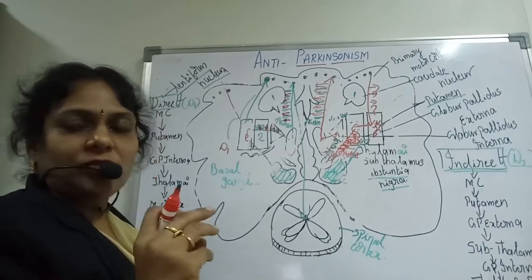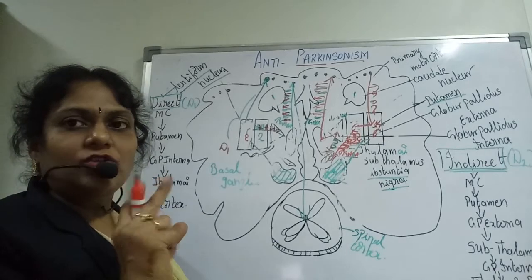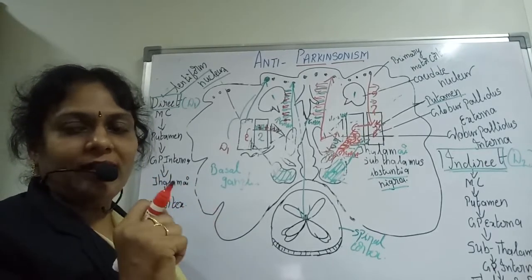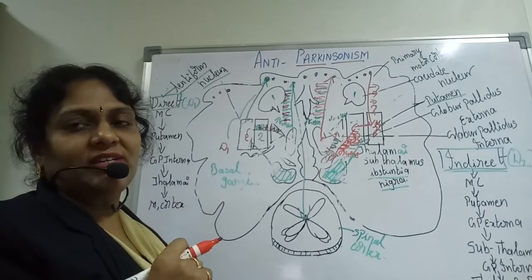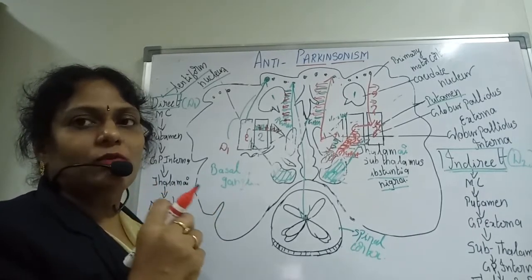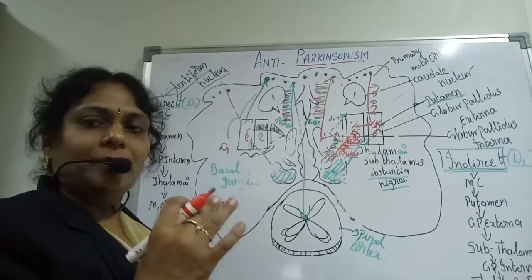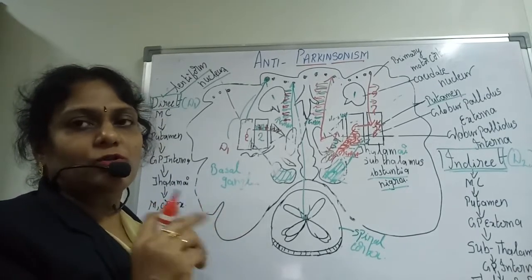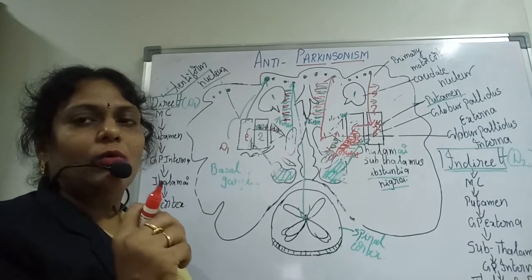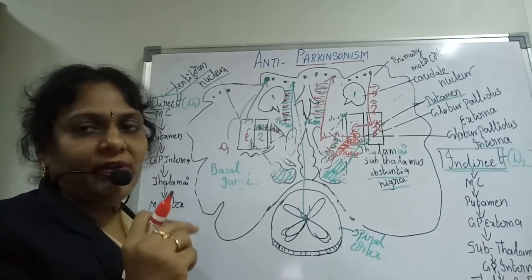So Parkinsonism can be treated with two types of drugs. One is anticholinergics, to decrease your cholinergic activity, and two is to increase your dopamine. That means the synthesis of dopamine can be increased, or the metabolism can be decreased by two enzymes, COMT and MAO-A, or MAO-A and B, that we saw in the previous class.